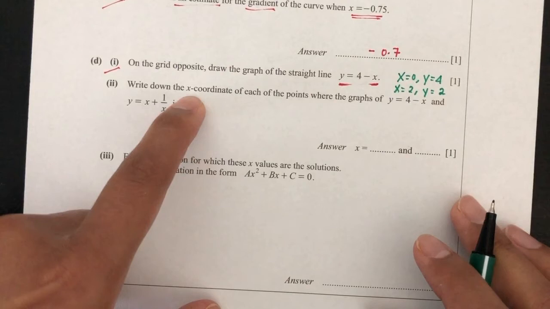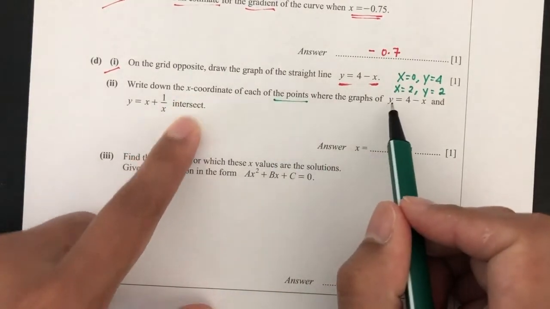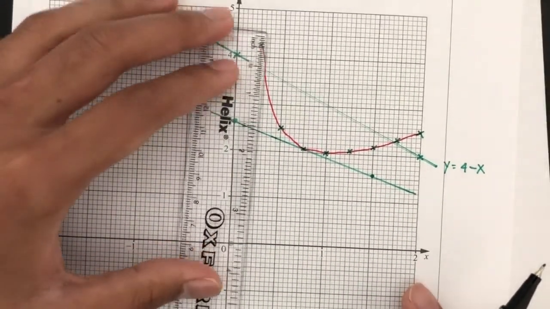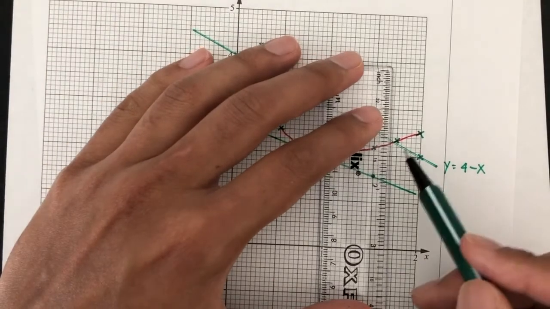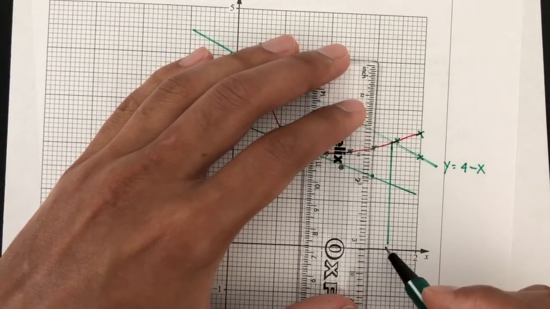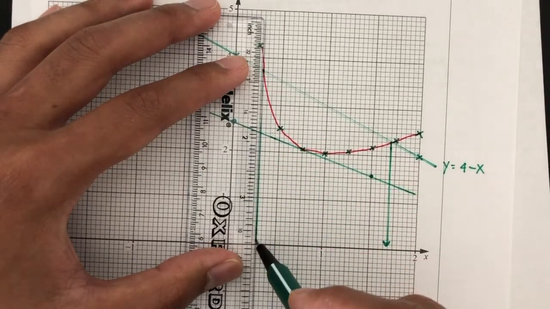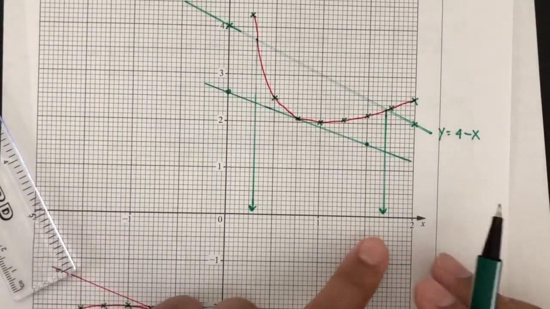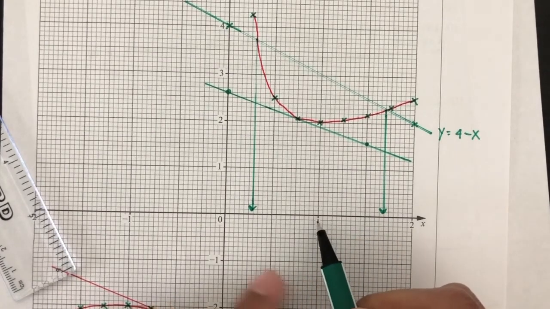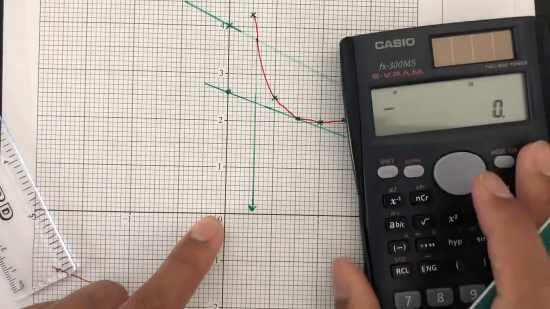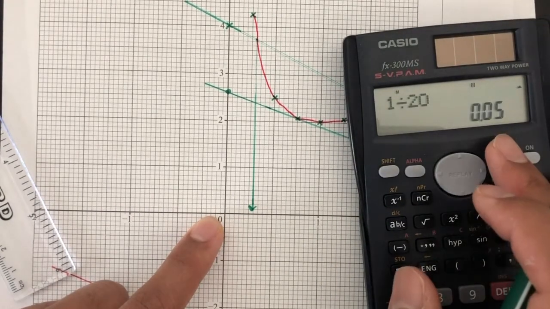So now what is the question? It asks you to find the x coordinate of the points where they intersect. So pretty easy. You just have to find where they cut the graph. So as you can see, we have 2 points. So one point is this one, which shows to be about here, and this one will be on this line. Okay, so for me it shows to be about, so this is 20 squares, so 20 small squares is 1, so let's do 1 divided by 20, that will be 0.05 is 1 square.